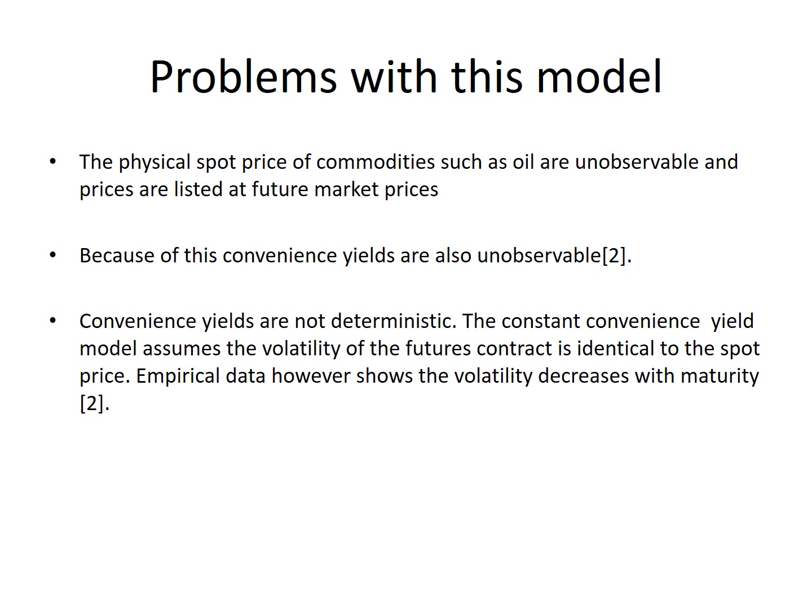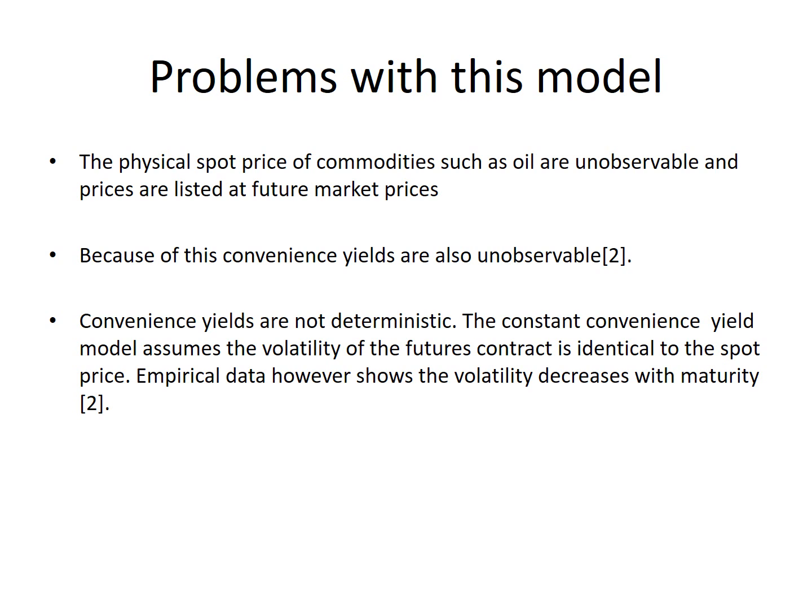So the spot price listed in the market is just a proxy of the closest future price with maturity. So it's not actually the physical spot price, it's just a proxy. This makes it difficult for us to price futures, because we have to figure out what our spot price is, and this is difficult because we don't actually know what it is.